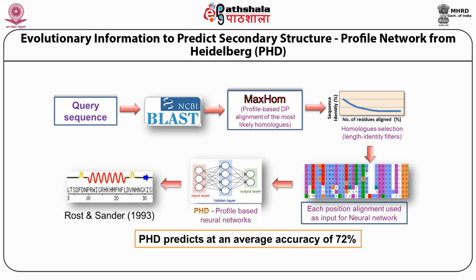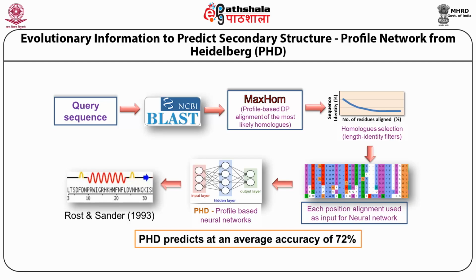For each position, the profile of residue exchanges in the final multiple alignment is completed and used as input to a neural network. PHD processes the input information on multiple levels. The first level is a feed-forward neural network with 3 layers of units: the input layer, hidden layer, and output layer.